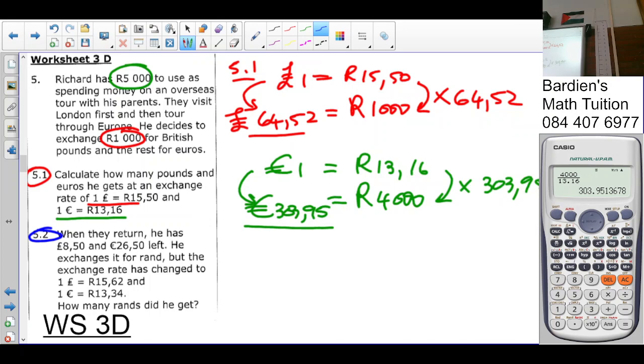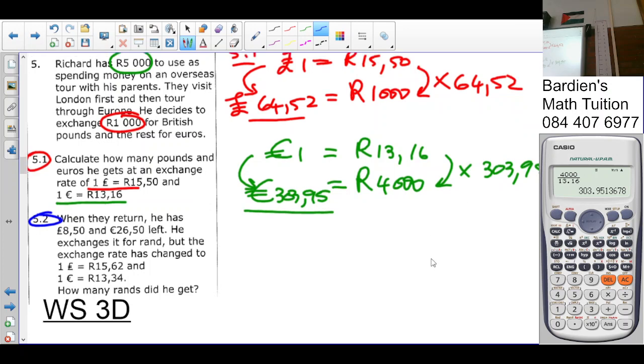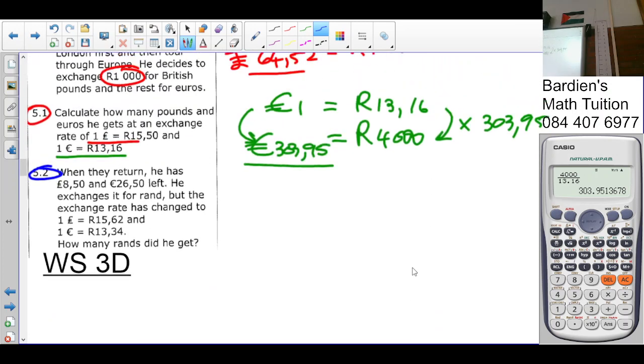A quarter of a rand is 25 cents. When he returns, they have 8.50 pounds and 26.50 euros left.